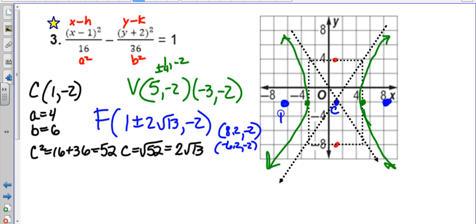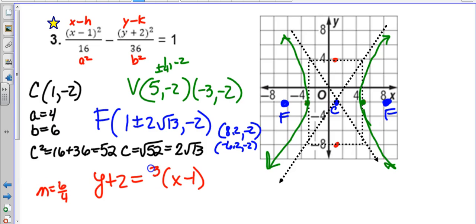All right. Asymptotes, anybody do those? Okay, the y plus 2 and x minus 1. And then your slope was change in y over change in x, which was 6 over 4, which would reduce to 3/2.